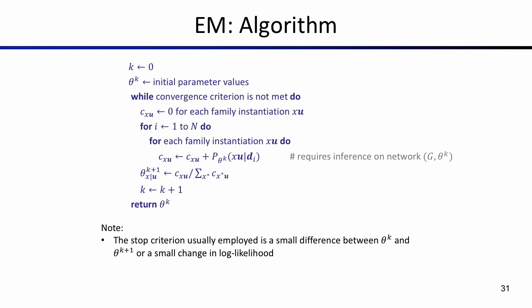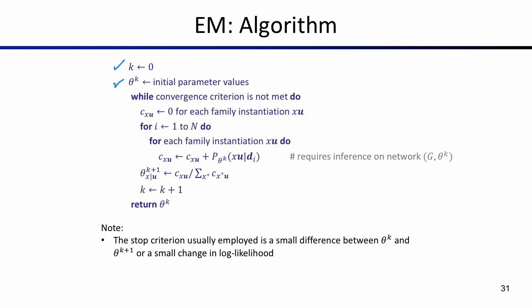So this is the EM algorithm, the expectation maximization. Let's take a look at how it works, but basically it's going to be an application of the equations that we discussed so far. We have the variable k that we're going to initialize with 0. So k is the variable that controls the iterations. We have the initial set of parameter values that are going to be theta k.